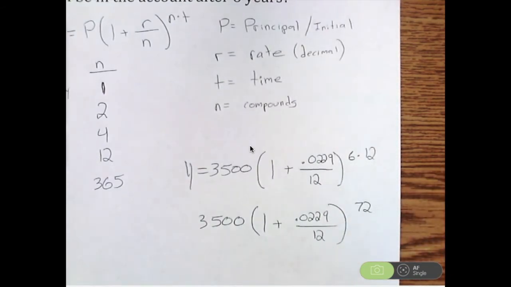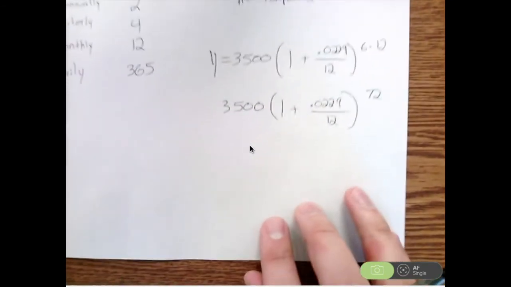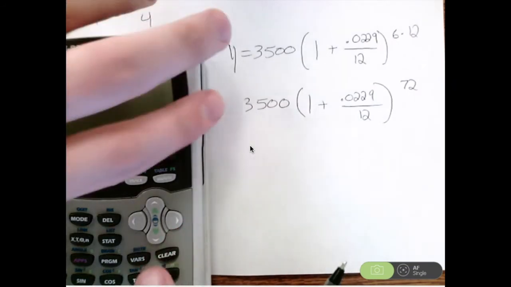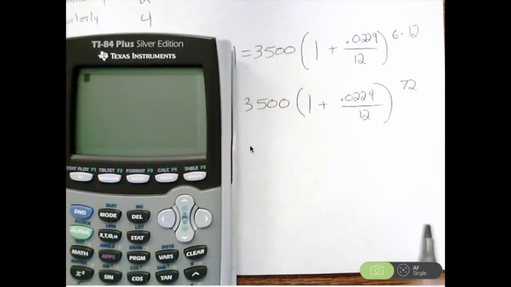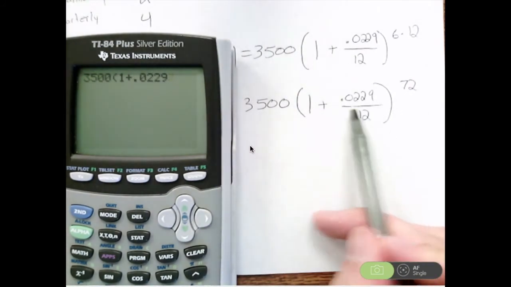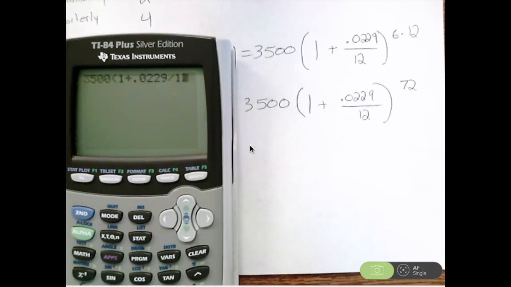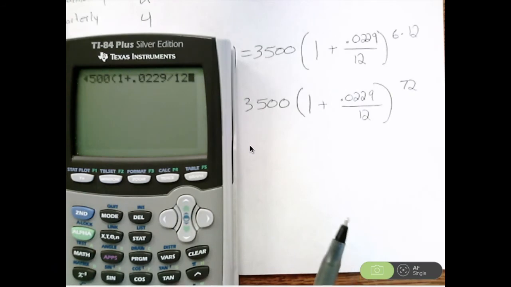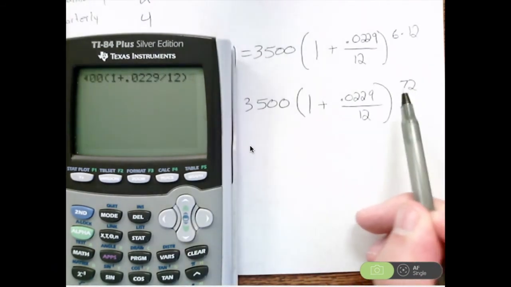So what I'm going to do is plug all of that into my calculator, and I'm going to do it with a whole lot of parentheses where I see parentheses here. I'm going to start with 3,500, parentheses, 1 plus 0.0229, then my division sign, 12. I'm kind of going left to right. Then I need a parenthesis, and then an exponent of 72.